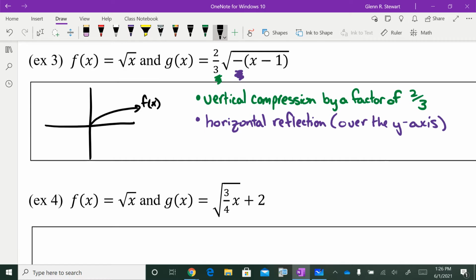Last but not least, I'm going to do this one in gray here. We've got that -1 on the inside. That's also going to be horizontal, so it will be a horizontal shift. We call those translations, by the way. Shift right 1.